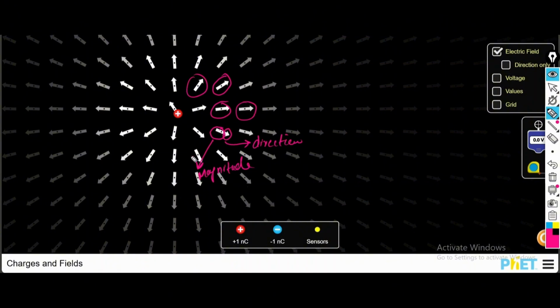So this is all about the electric field lines for a single positive charge.